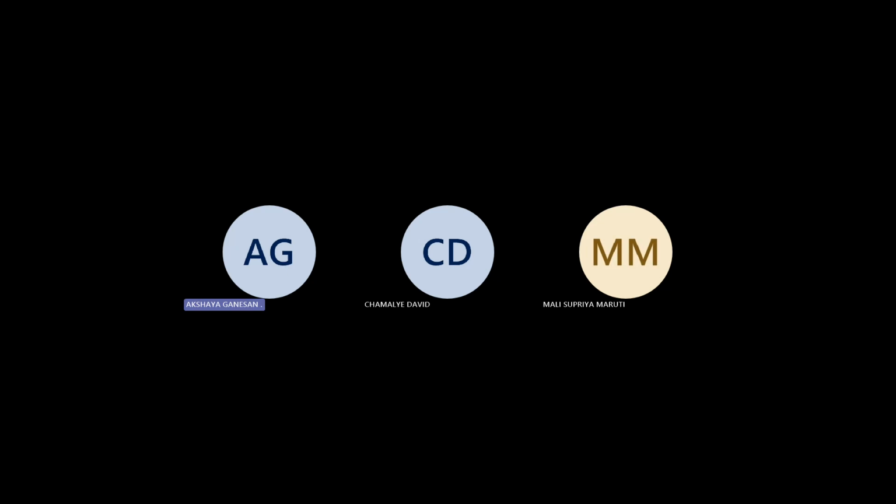So f of n is equal to, say, let's take a bigger term. Let's make it 2n cube minus n squared. So this means we take 2n cube, and this is g of n.